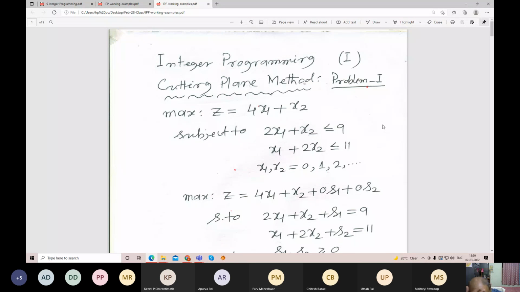If you find the solution is integer, nothing to do. If it is non-integer, we'll formulate a cutting plane, and that cutting plane will help us go from the non-integer solution to an integer solution.